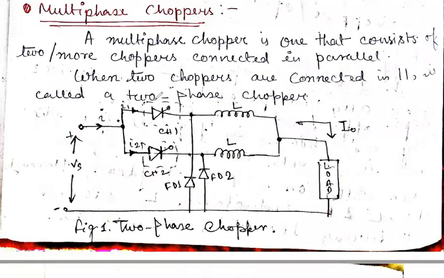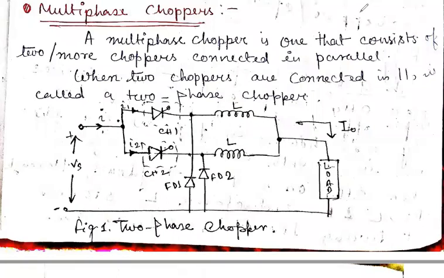That's why it is called a two-phase chopper. When three choppers are connected in parallel, it is called a three-phase chopper. Similarly, up to n-phase choppers are available. A multi-phase chopper may be operated in two modes: in-phase operation mode and phase shifted operation mode.